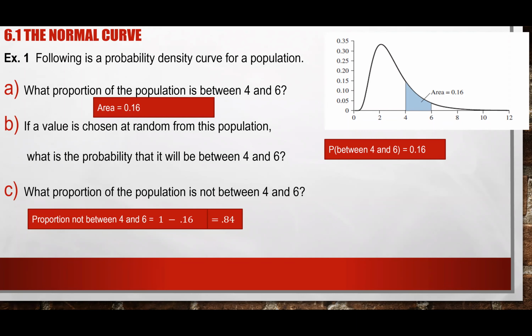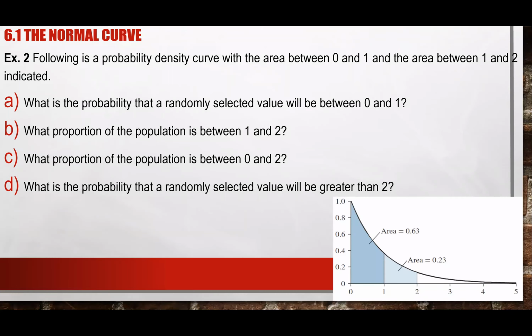Okay, so similarly, let's take a look at another abstract curve, which is an abnormal curve, or rather a reverse bell-shaped curve, and this one here, they give you the area, right? Given this curve, if they don't give you the area, it will be very hard for you to find it.